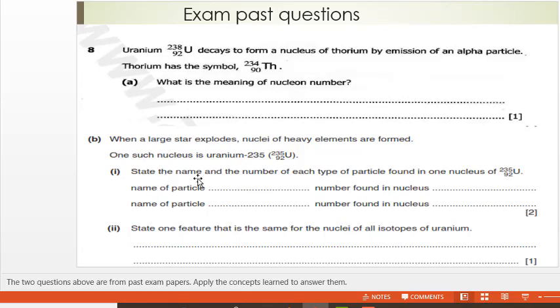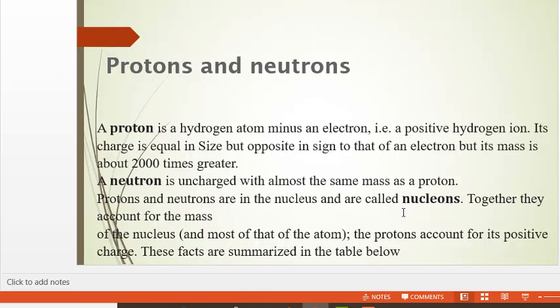State the name and the number of each type of particle found in one nucleus of uranium-235. Remember, we are talking about particles found in the nucleus, so we are talking about nucleons. We said that neutrons and protons are in the nucleus and are called nucleons.